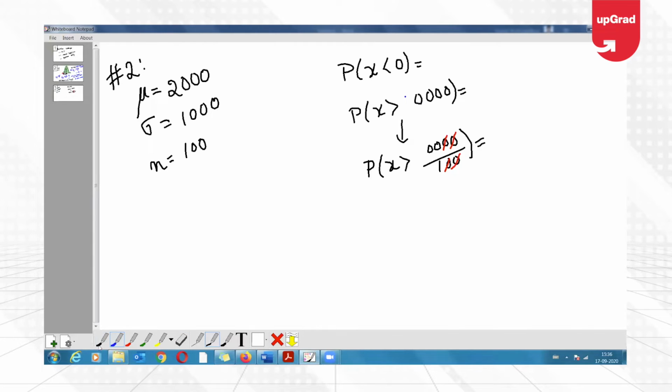Or rather, let's make it 5 lakhs, so that it becomes more interesting. 1, 2, 3, 4, 5. Yeah. So 5 lakhs, or rather, let me make it 3 lakhs actually. So here now we are looking at a profit of greater than 3,000 and a loss. Loss is less than 0. So let's draw the normal distribution.